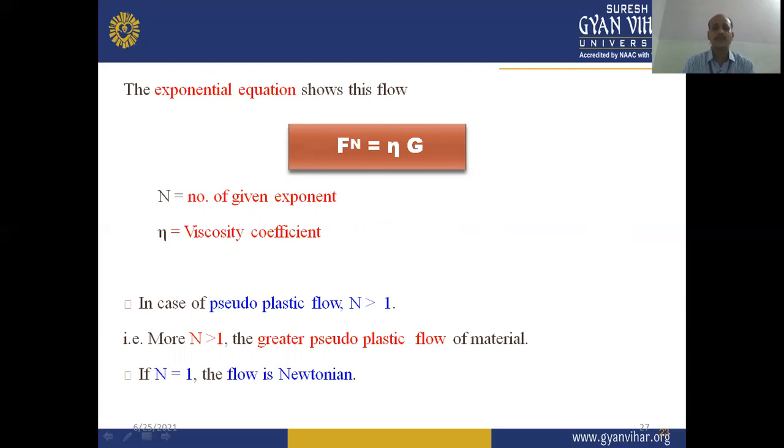So depending on the given exponent, the pseudoplastic behavior can be shown by the equation F to the power N equal to eta G, where eta is the pseudoplastic viscosity. If the N value is equal to 1, the flow behavior will be Newtonian behavior.